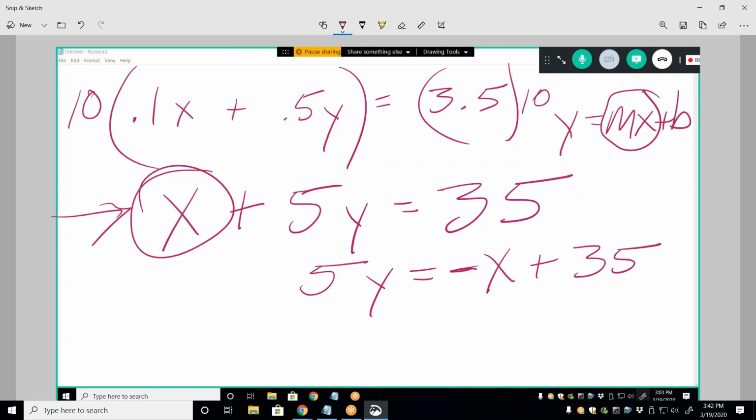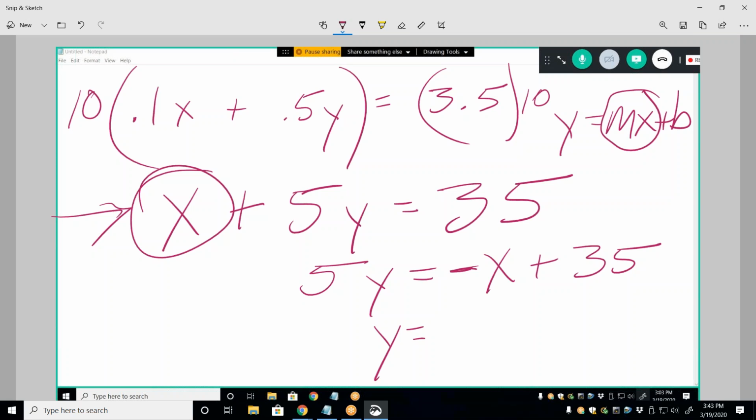And the final step? And then you put it in the fraction format where you can figure out what m is immediately. So you divide by 5. Okay, so give me the answer. Y equals?